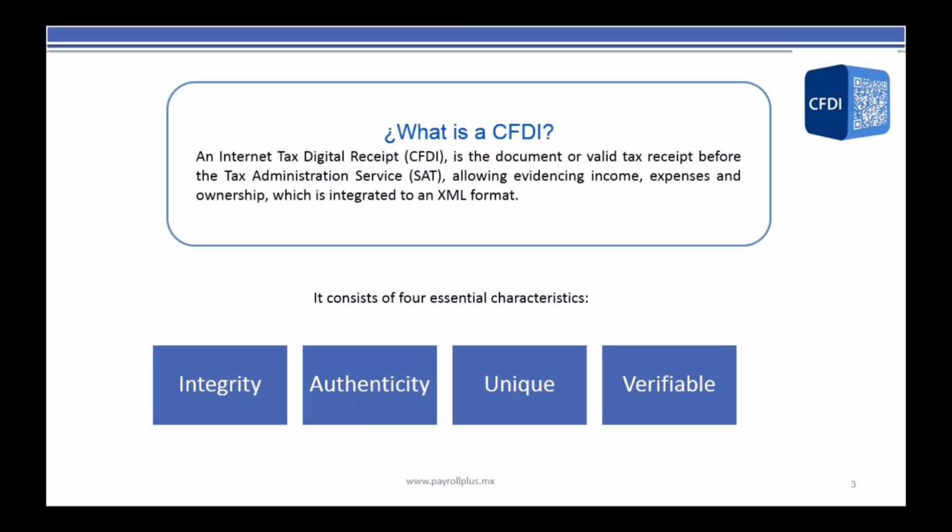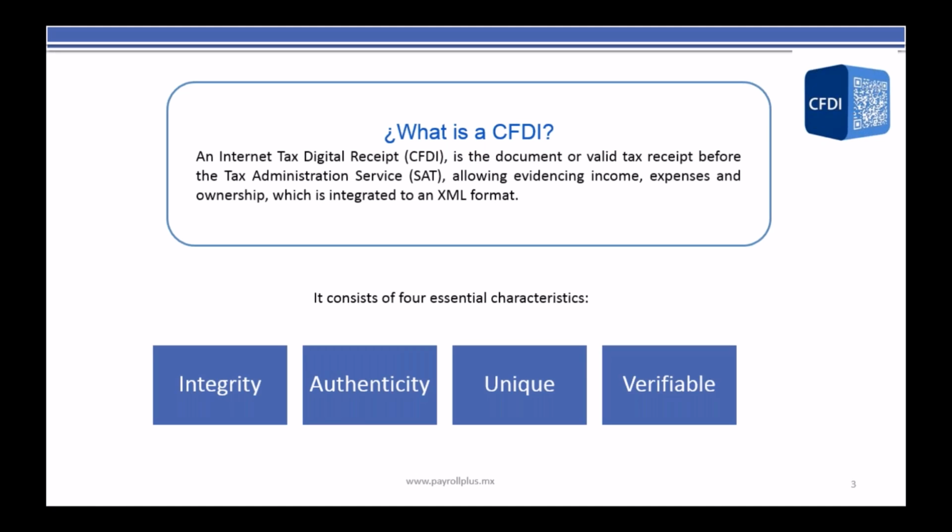The XML file contains the structure provided by the tax authority and the technical requirements so it can be read by the tax authority system. And it is the XML file, the one that supports deduction.